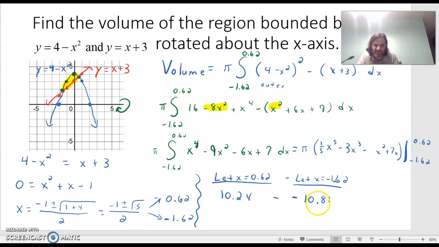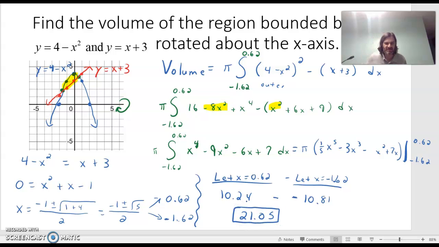That is after multiplying by pi. So two negatives on the second one means I'm going to add them together. 10.24 plus 10.81 gives a total volume of 21.05. Of course, that's approximated since I rounded everything off.